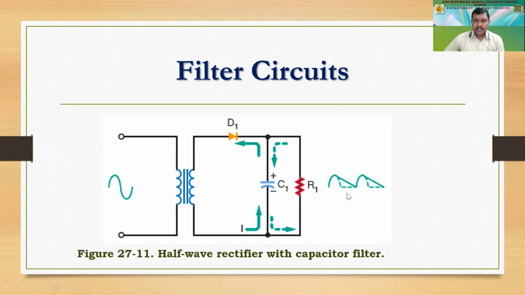So this is the pulsating DC, and during this dotted line, this capacitor is discharging, and it is supposed to give the positive voltage over here. It implies that the output voltage will remain at a constant level, right? So it is supposed to give you a constant voltage at this portion, which is what we require as a pure DC voltage, right?